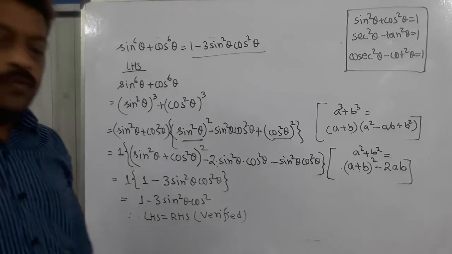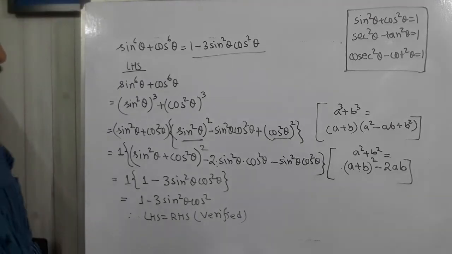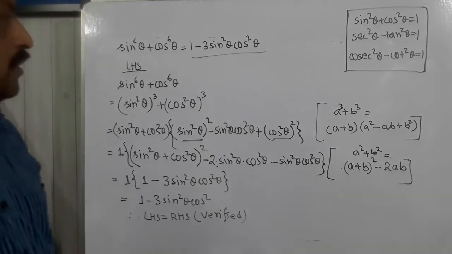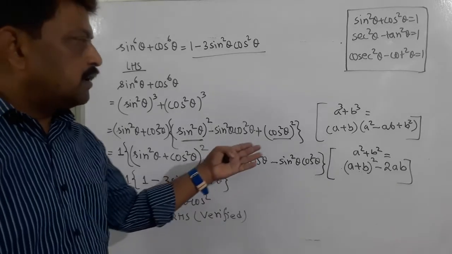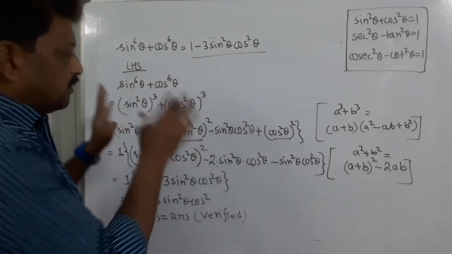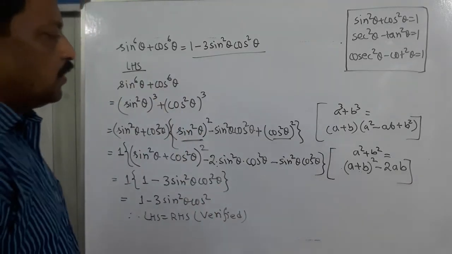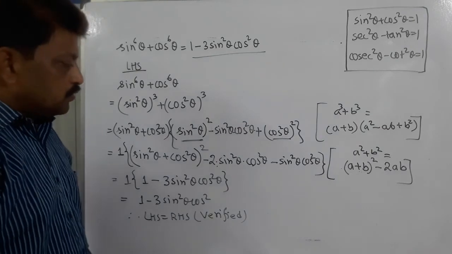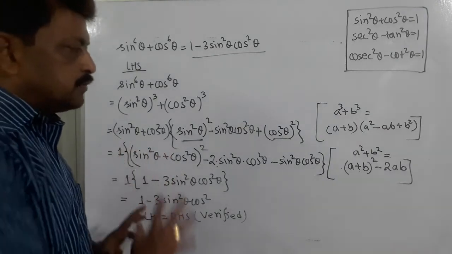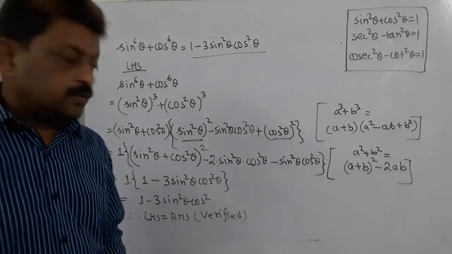So this is also one of the easier sums, because here we have to use the algebraic identities as well as the trigonometric identities, but the basic structure is same. I hope all of you have understood this sum as well as the previous one.